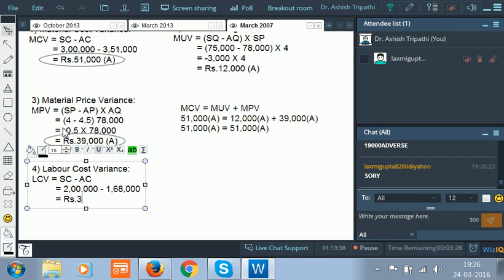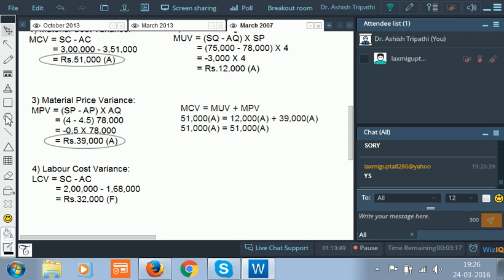Let me calculate. 2 lakh minus 1,68,000 is 32,000 rupees, 32,000 favorable.